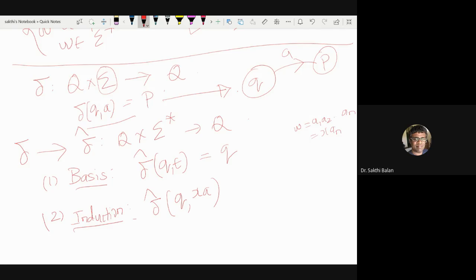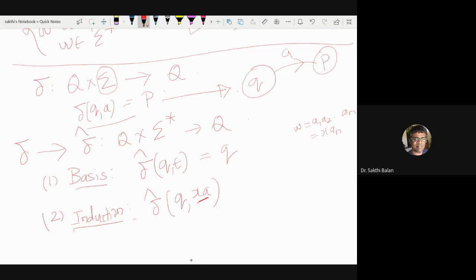So the first n minus 1 symbols, that is a prefix, I'm taking as X, and AN is the last symbol in that string. In the previous class I had mentioned the notation, right? X means it is a string and A is a symbol. So that's the notation we are following here. X is a prefix, we can also say it is a substring, and A is a symbol which is concatenated with that.